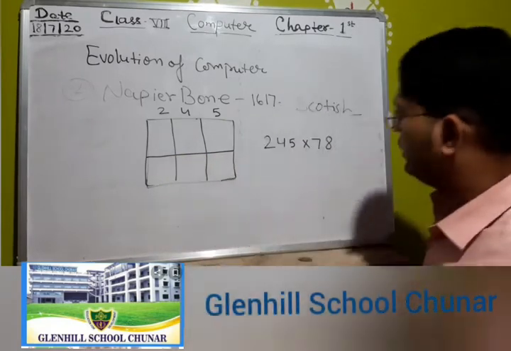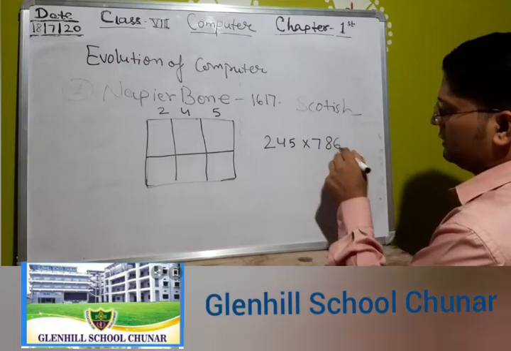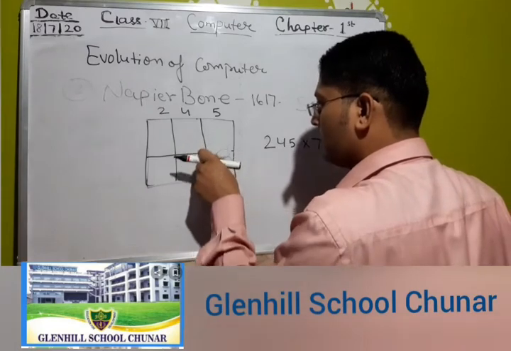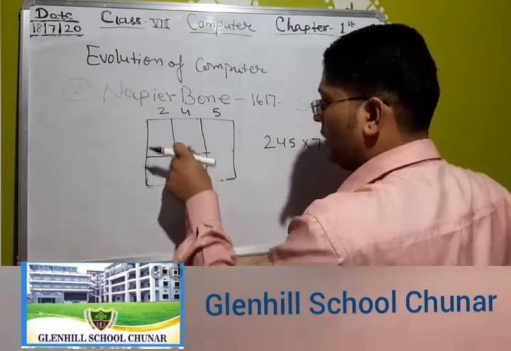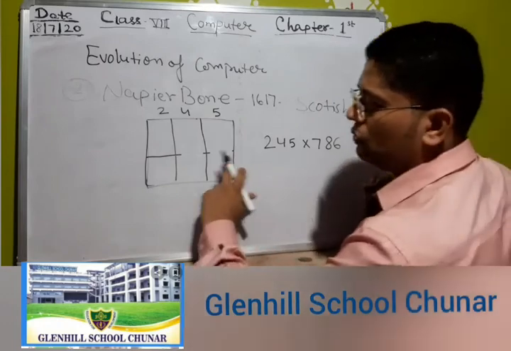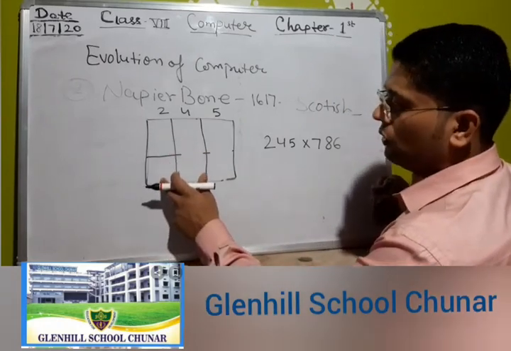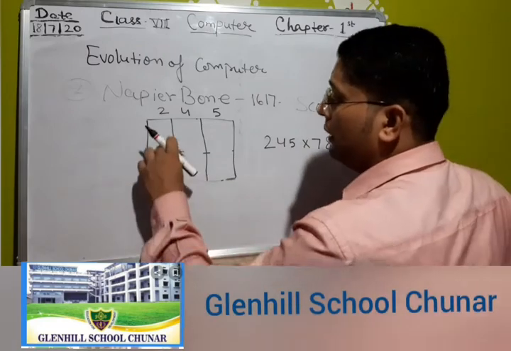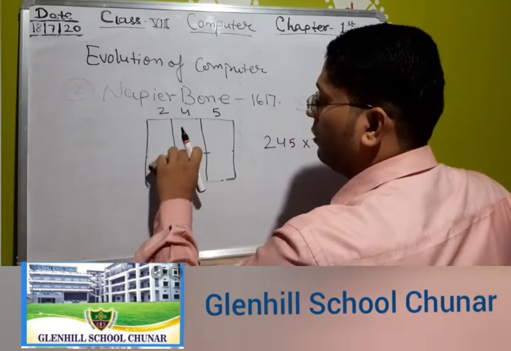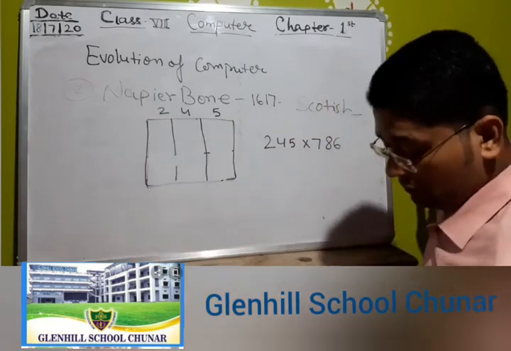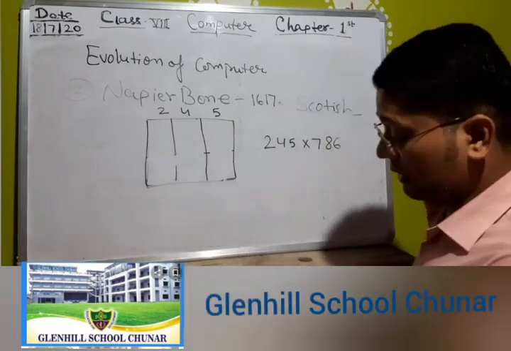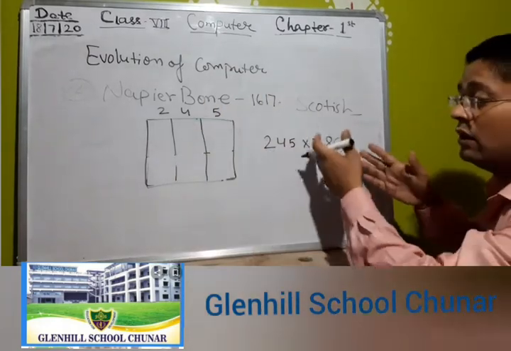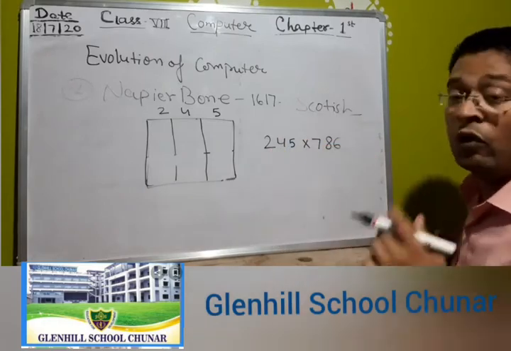I will take the 3-digit number also, suppose 6. Here 2 digits, so divide that 2 only, 1 and 2. Make it 2 rows, but here a 3-digit number, so make 3 rows. Okay student, that depends on your numbers, the rows and columns depend on how many numbers for division.